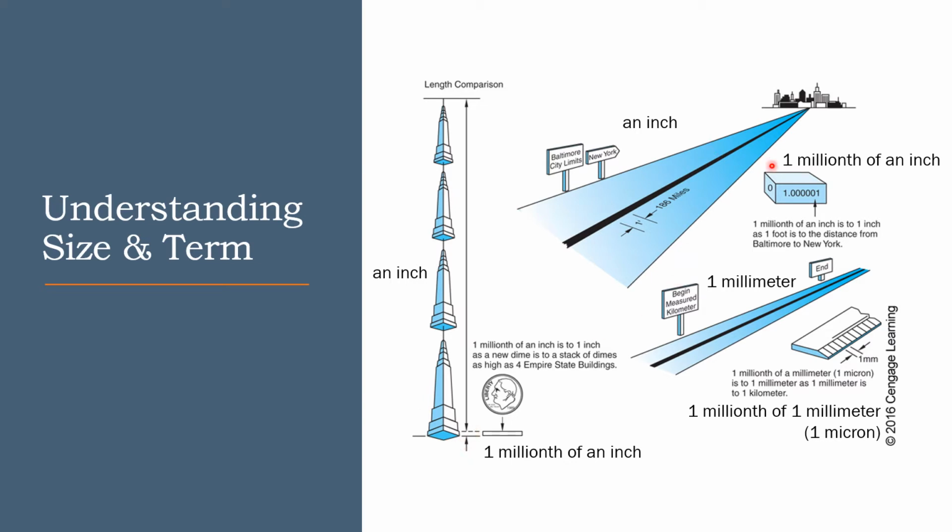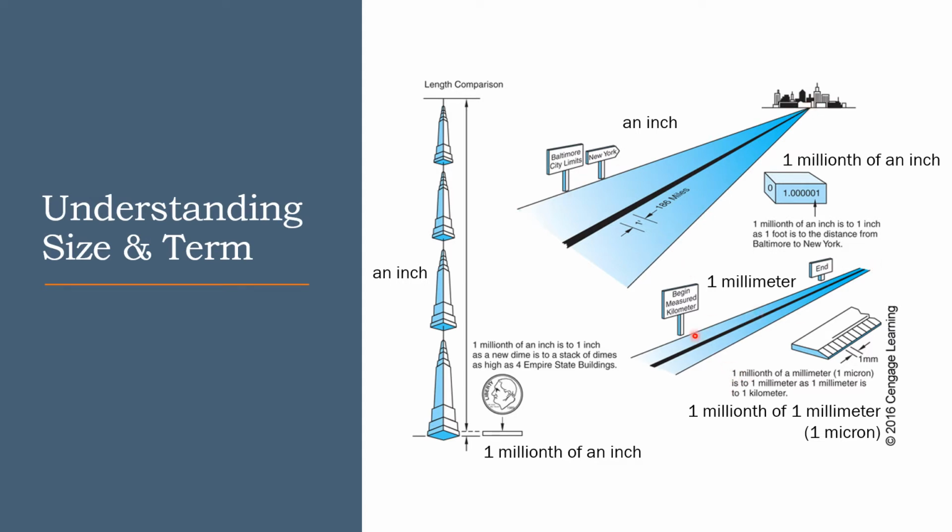The same thing right here: 1 millionth of an inch, with six zeros, 1, 2, 3, 4, 5, 6. That little distance is 1 millionth of an inch. If we imagine from here all the way to here is an inch, then 1 millionth of an inch is this. So Baltimore all the way to New York.